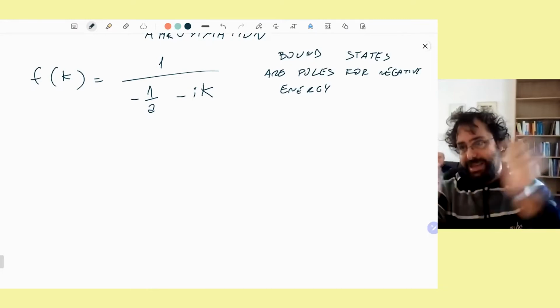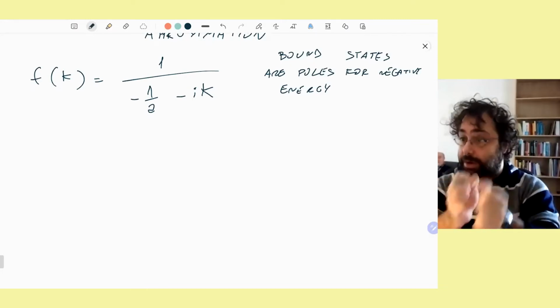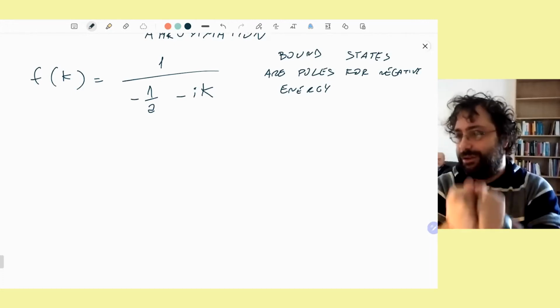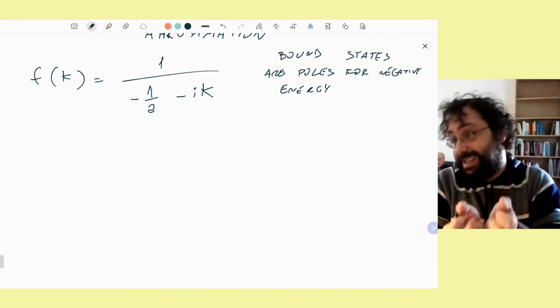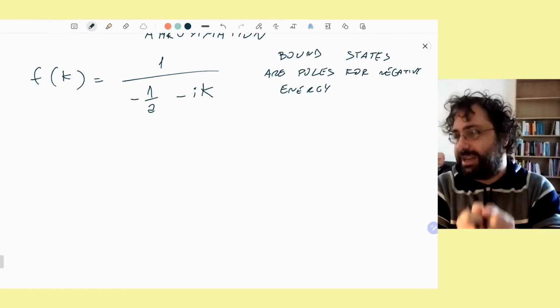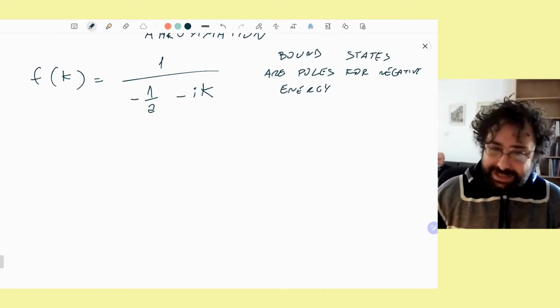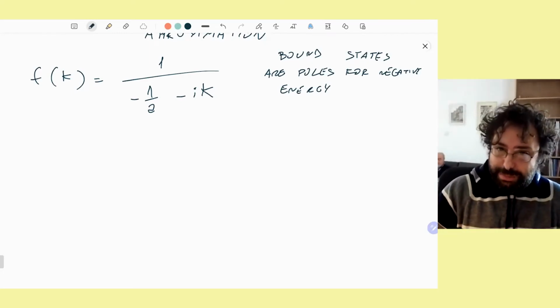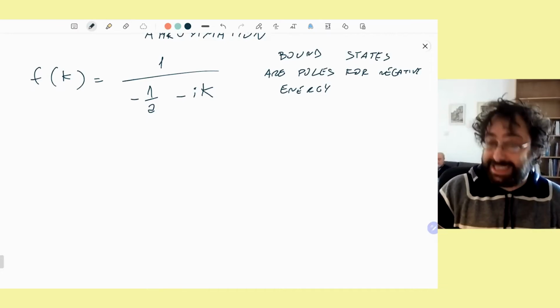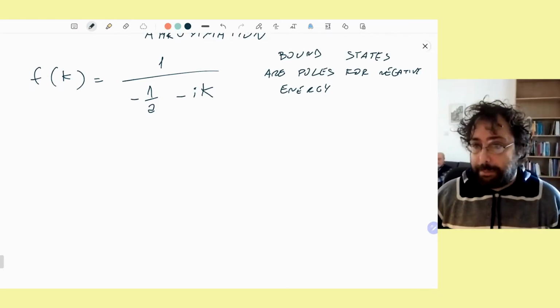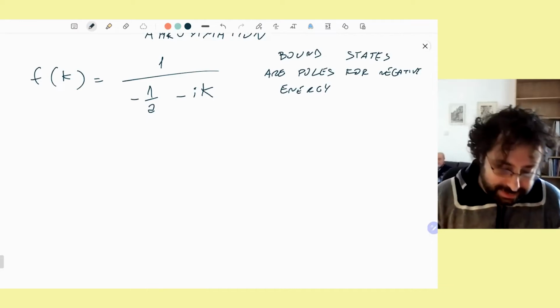Okay, they must scatter, but there is something going on here by the fact that they really would like to fall into this bound state, but since there is energy conservation, they cannot just stick and stay together. So they will just move apart, but the cross-section will be enhanced by the existence of this bound state, and this is related to this pole that appears in the scattering amplitude.